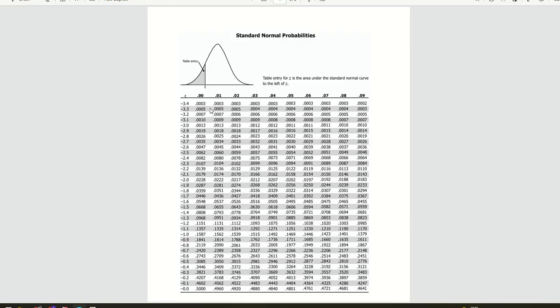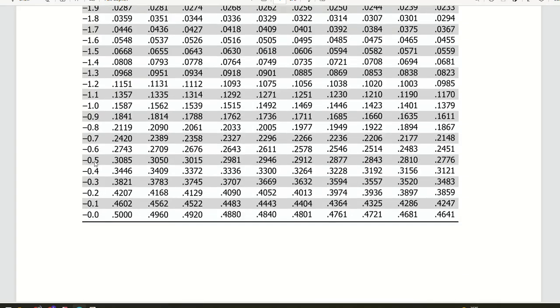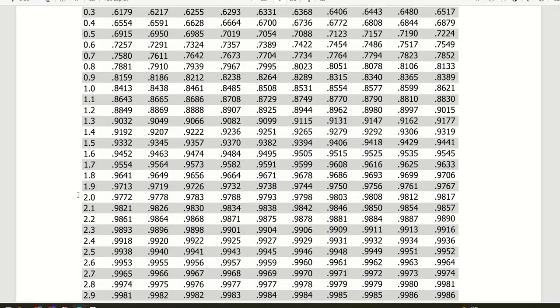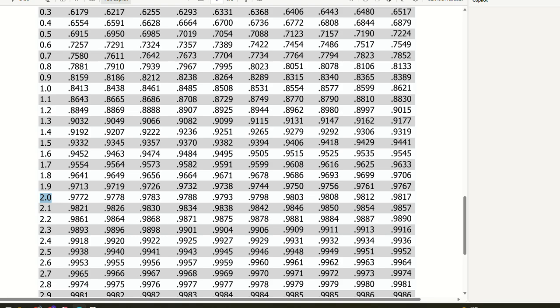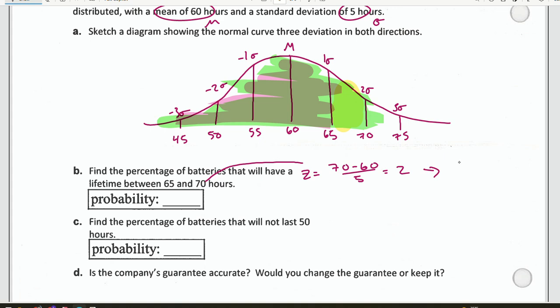Since our z-score was 2, we're going to find the z-score of 2.0, positive 2.0. 2.00 is right here. So 97.72, which is 97.72%.